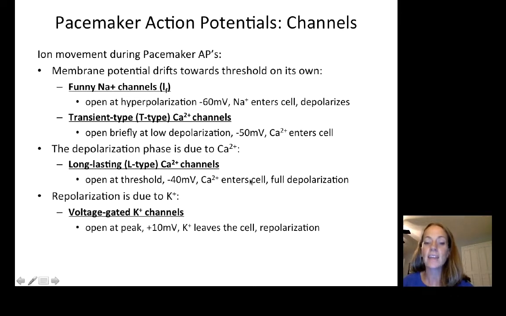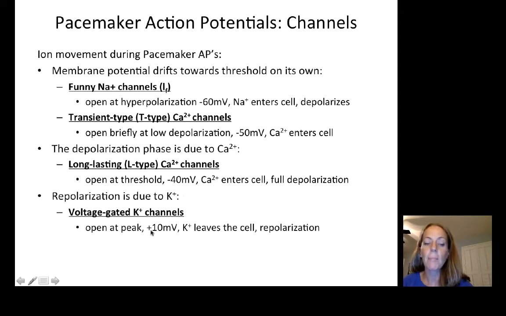This again is another fuller, longer depolarization that's going to get you to your peak depolarization with calcium, not sodium. These will open at threshold of minus 40, calcium will enter the cell. A positive ion entering the cell will continue to depolarize, and you'll get to the peak of the action potential.